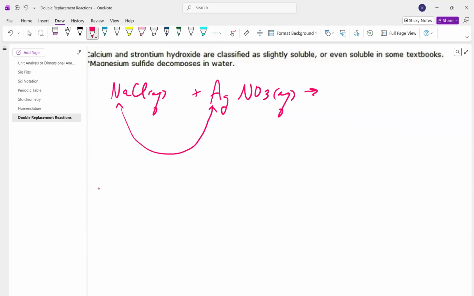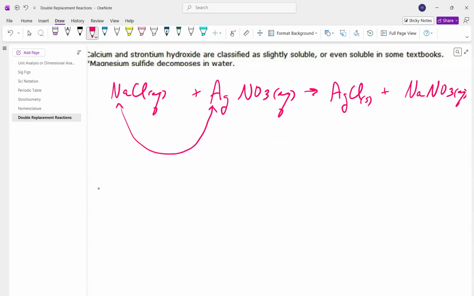It doesn't matter which one. So the new combination is going to be silver chloride plus sodium nitrate. Now we just found that this silver chloride is a black box, so that means it's a solid. And we found the sodium nitrate was a white box, meaning it's soluble. So that's an AQ.